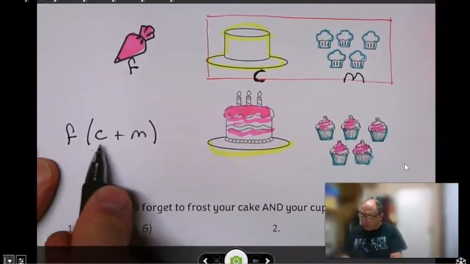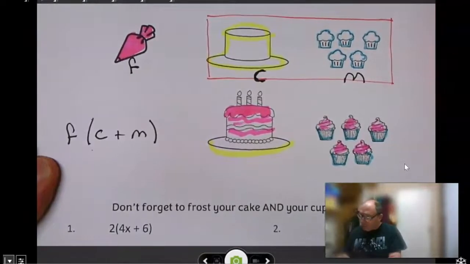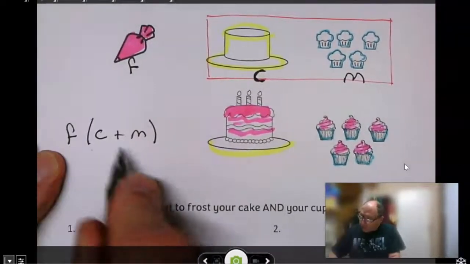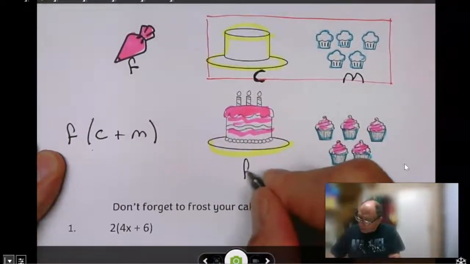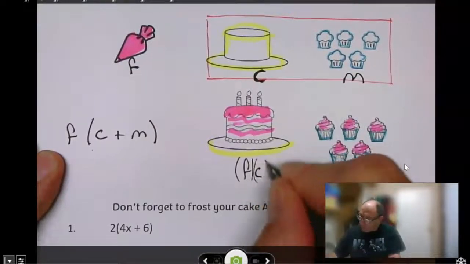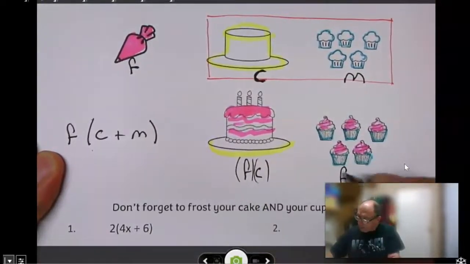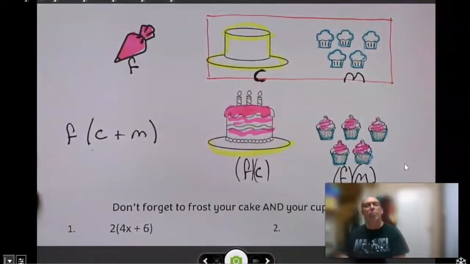F times C plus M, what does it equal? It equals a frosted cake and frosted muffins.